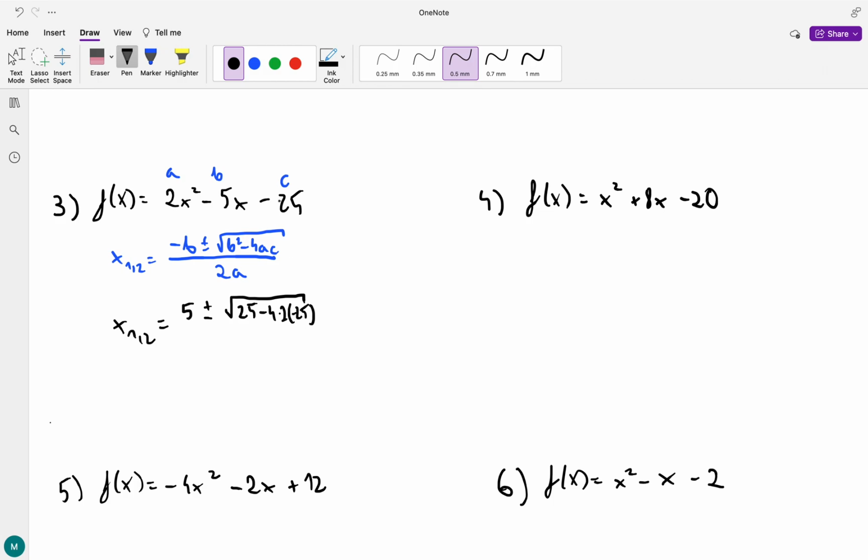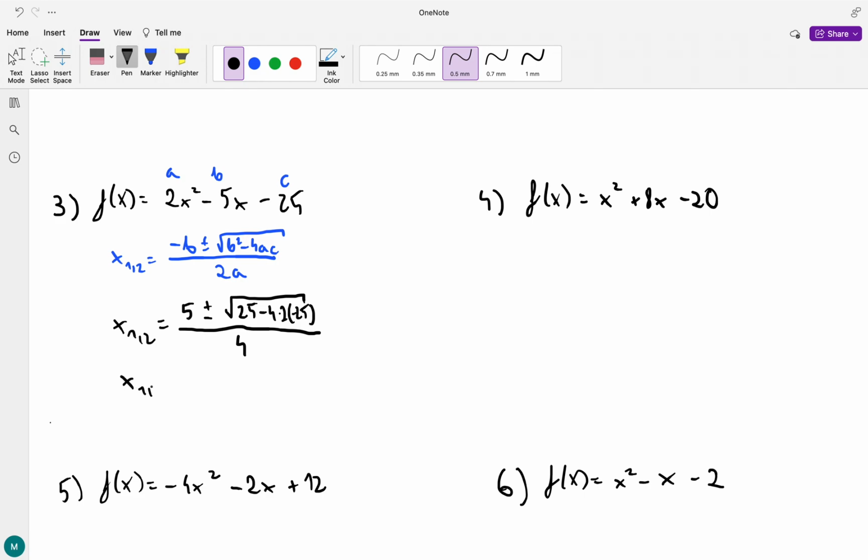So that's good. It's good that we have a negative number, because otherwise we would end up with a negative number underneath the radical, and we know that it's going to create an imaginary number. And on the bottom we have 2a, 2 times 2 is 4. All right, so let's calculate everything underneath the radical.